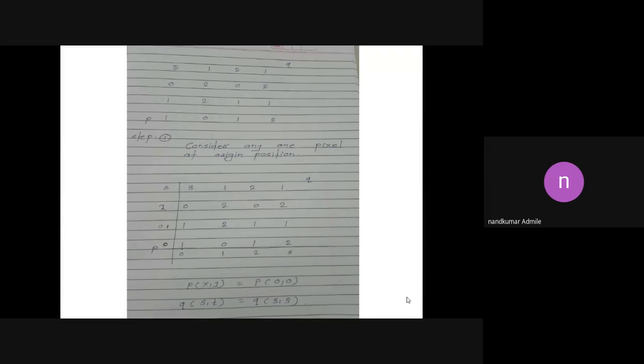So now the first step is we have to consider any one pixel as a center. From this 4x4 matrix, you can consider any one pixel as the center. The pixel we have considered as the center is the fourth row, first one. There we draw the x axis and y axis. Have you understood it?